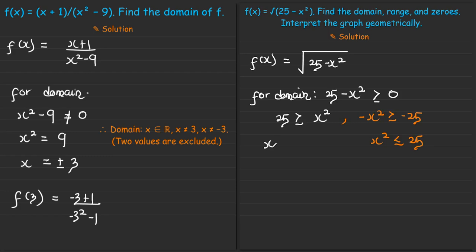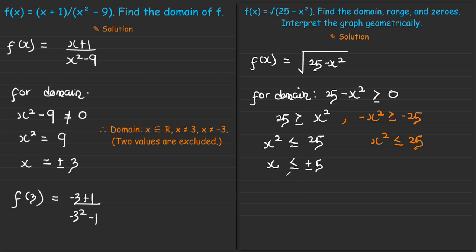That is x squared, since we are reading from this, the lesser side is facing x squared, so less than or equal to 25. Now, making x the subject, we find the square root of both sides. We have plus or minus 5. Now, this here is actually talking of a range of values.